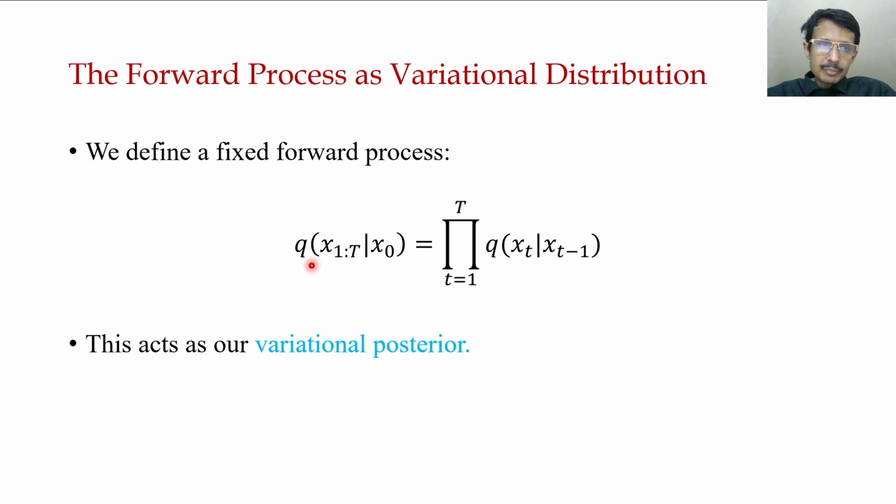As we have seen before, this forward process happens to be fixed in this case: q of x 1 up to T given x0, which is forward because it goes from x0 to x T. This is with the capital pi, the product. This particular thing acts like a variational distribution. Now from this we have to model our p theta.